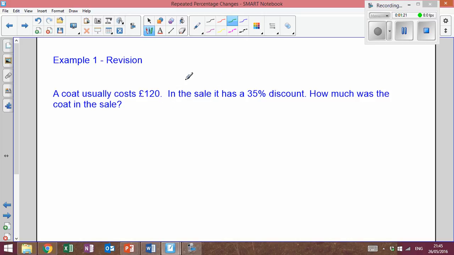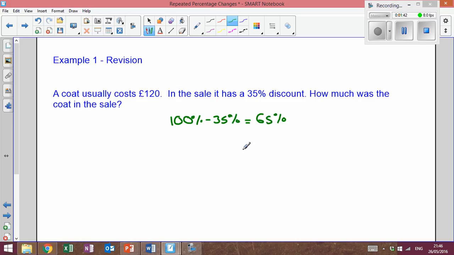Okay, now the first one is, if in the sale it has a 35% discount, you're not really looking for 35%. What you're looking for is 100% subtract 35%. So what we're really after is 65%.